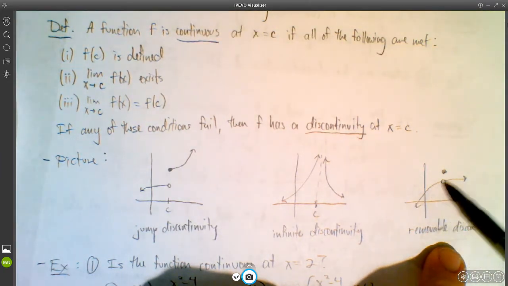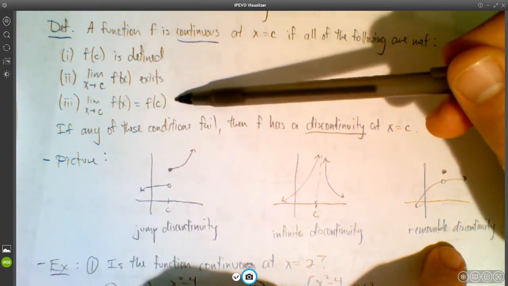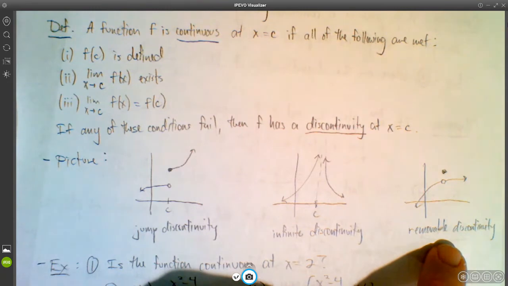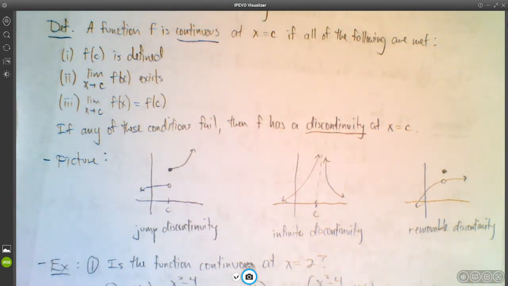From the left, we're approaching this value. From the right, we're also approaching this value. So that limit exists. What fails here is condition 3, right? The limit, which is this value, does not equal the function value, which is that one, right? So anyway, this one fails condition 3.